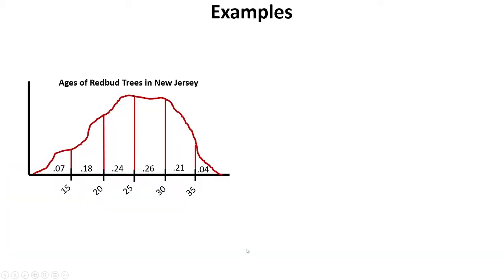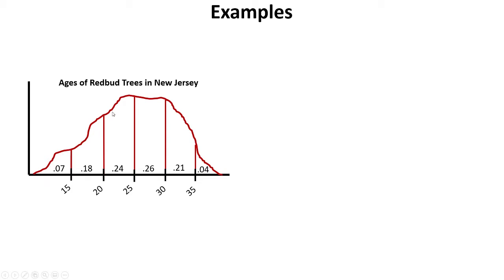All right, so I drew a hypothetical, very squiggly, because I don't have a steady hand, probability density function for the age of redbud trees in New Jersey. There's a lot that are around 25 and 30 years old. I totally made all this stuff up. Don't worry about it.